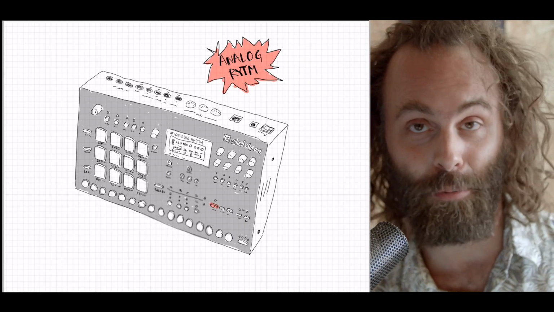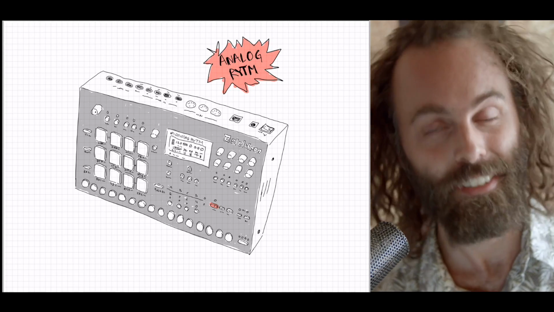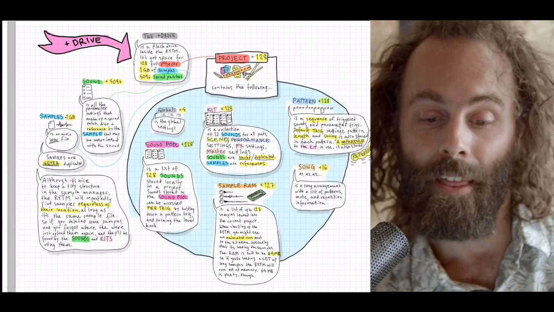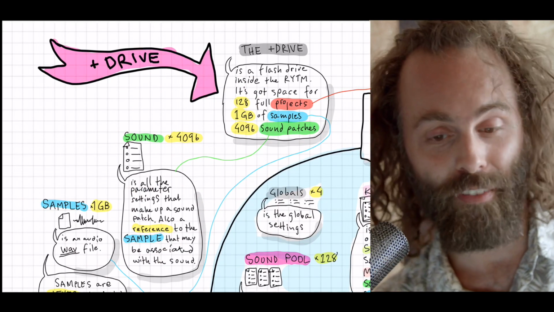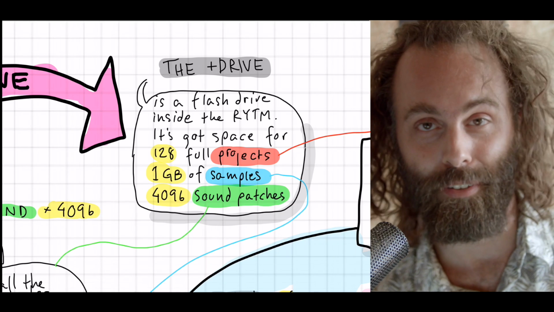Okay, let's try this thing. Okay, so here we go. The analog Rytm has got a lot of ways to save and store patches, kits, projects, and all of that. It has something called a Plus Drive, which is some sort of flash drive inside of the analog Rytm.